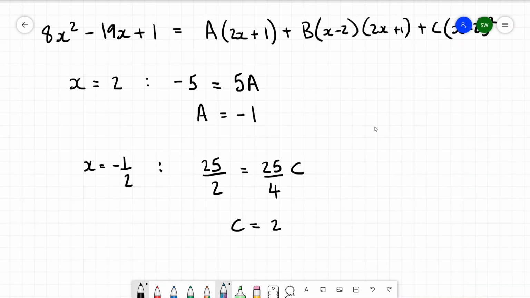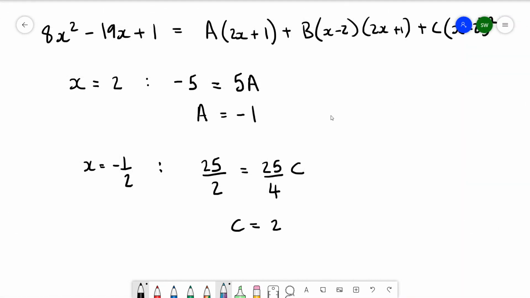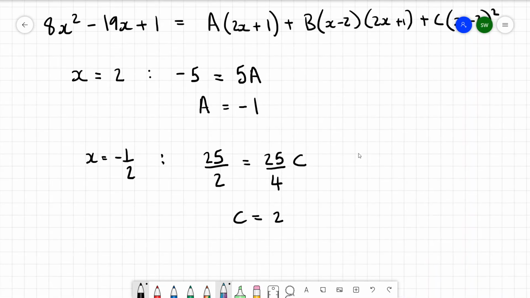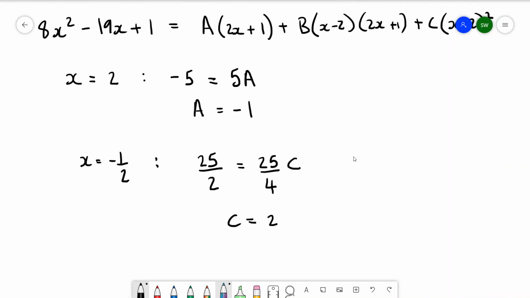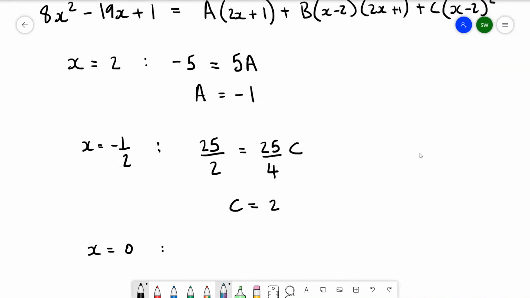And then finally, we could find b either by comparing coefficients or substitution. I'm going to use substitution again. So you can actually find b just by subbing in any other value of x. So I'm going to sub in just x equals 0 to make it simple. If we sub in x equals 0, on the left hand side we're going to have 1, and on the right hand side we're going to have a minus 2b and plus 4c.